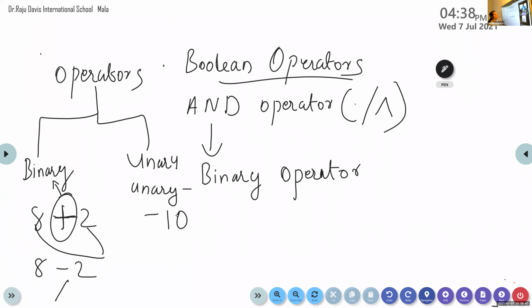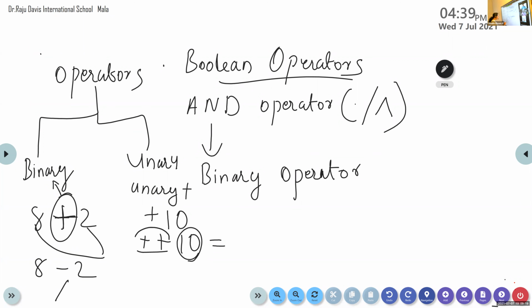Is it clear? Yes, ma'am. Then another one is unary plus, for representing positive numbers. For positive number representation we need only one operand, so it is a unary operator. Then plus plus 10 is the increment operator, meaning 10 is incremented by 1, using only one operand.